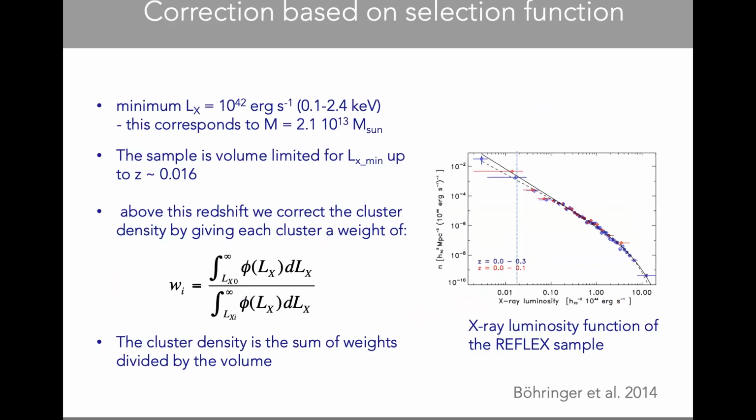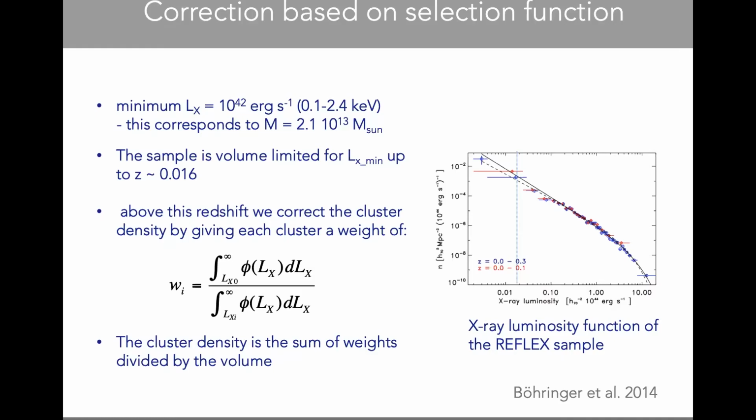Here we again have the luminosity function of the galaxy clusters, and we only take galaxy clusters above roughly 2 times 10 to the 44 ergs per second, above this dotted line. But the more we go out, the more we are missing the less luminous objects.